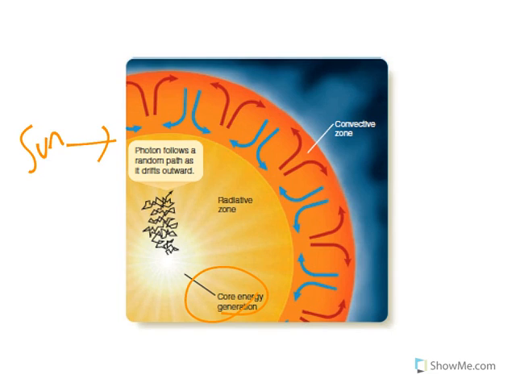It transports through this zone called the radiative zone. So the interior to about 2/3 the way out, from the center to 2/3 the way out, is the radiative zone. There are no mass motions of material moving. You can't see this energy being transported.